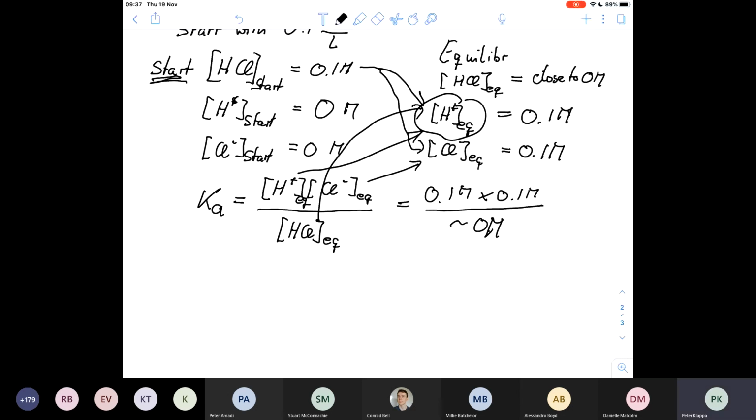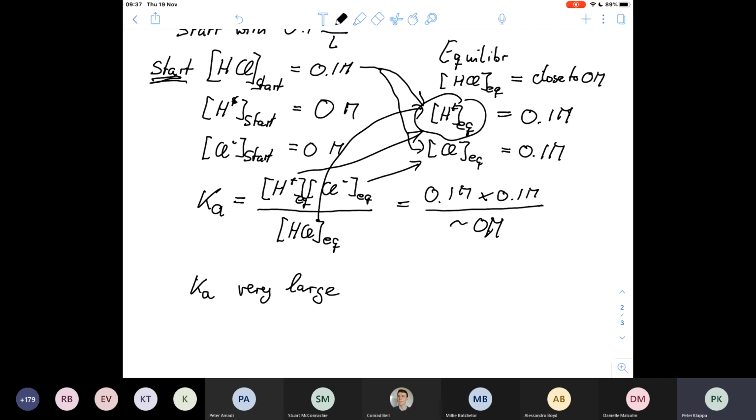Ka in this case, is it very small or very large? We divide something by something very, very, very small. So Ka would be very large. Absolutely right. We get something really large, huge.